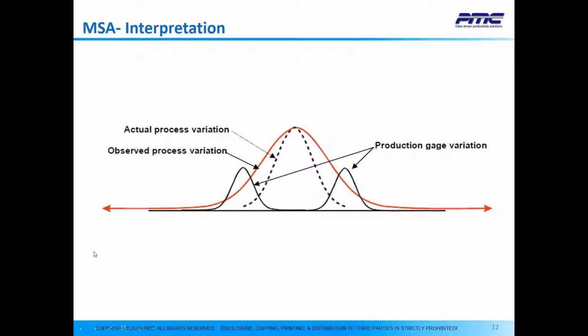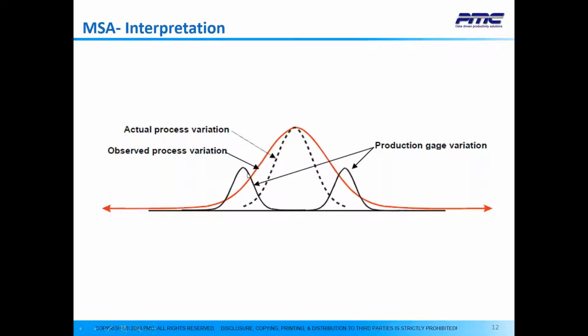So let's look at the set of curves here. This normal distribution curve, if you look, there are multiple curves, right? The way we're going to interpret this is that the dotted line curve is representing the actual process variation. So think about it, you actually measured parts, and that's the curve that you got out of your process variation.